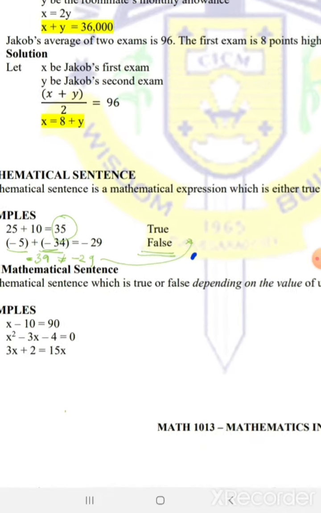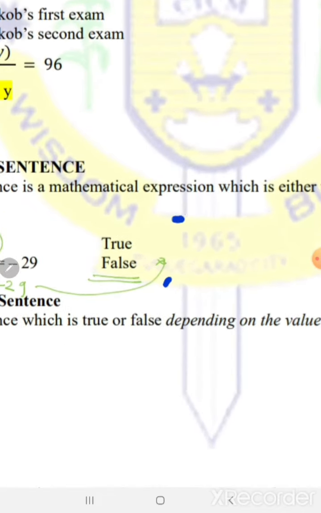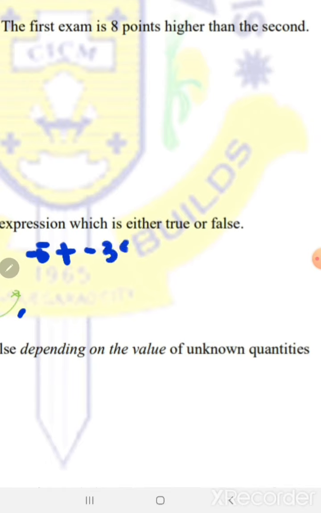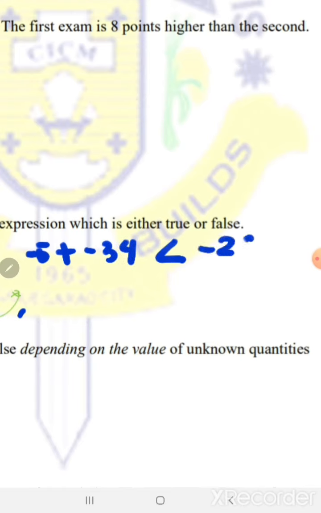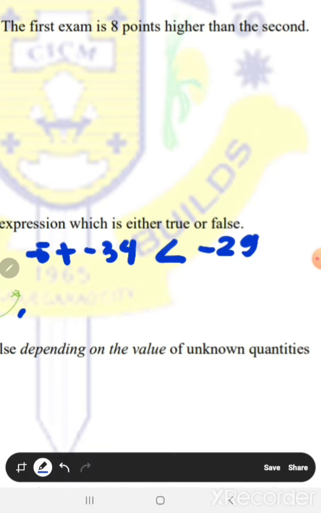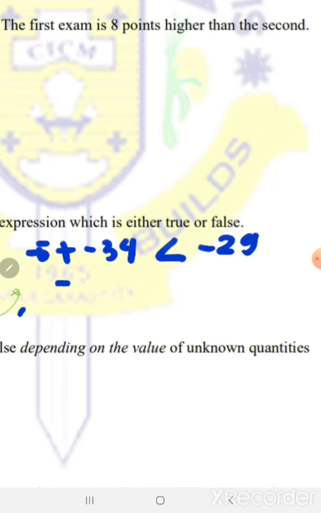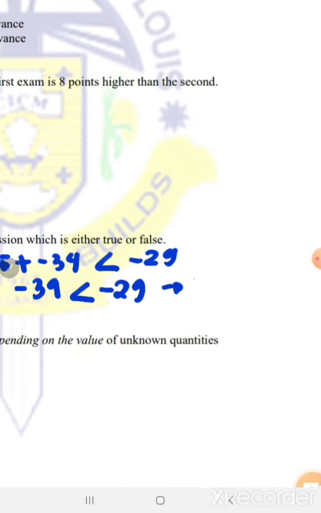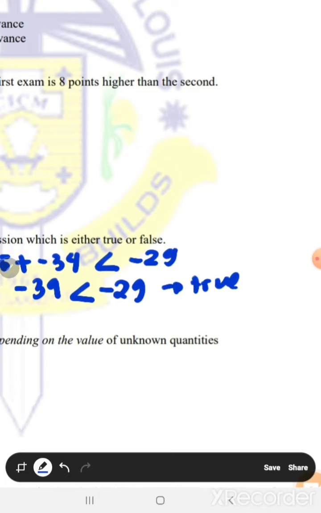But if it would be stated as negative 5 plus negative 34 is less than negative 29, then if you compute the problem, you have negative 39 which is less than negative 29, therefore it would make the statement true. Why? Because negative 29 is greater than negative 39.